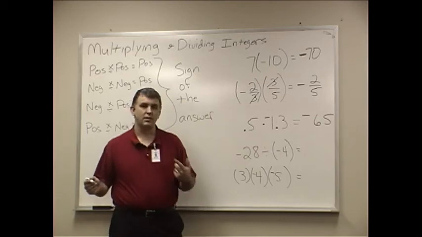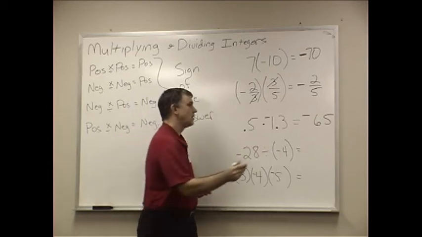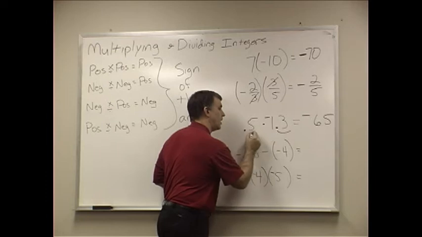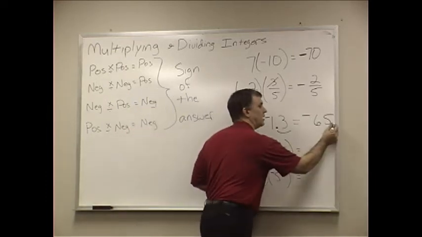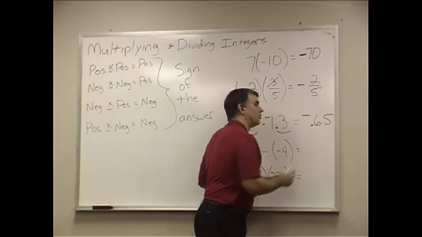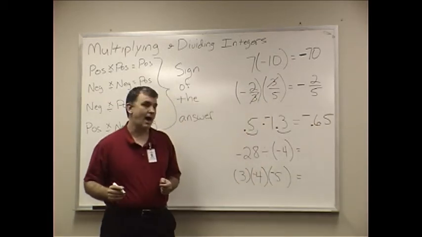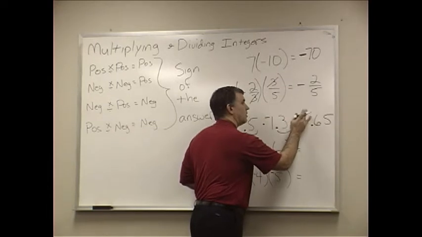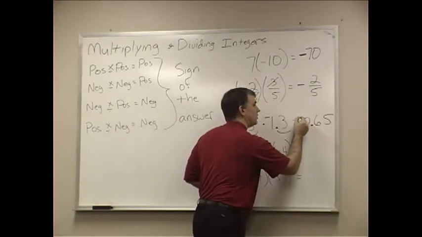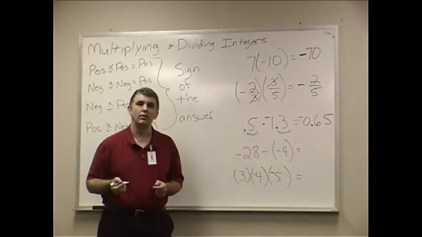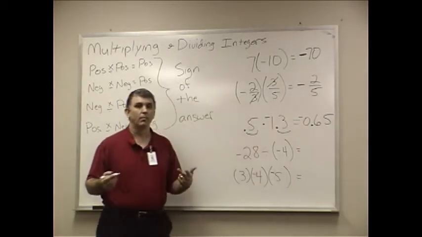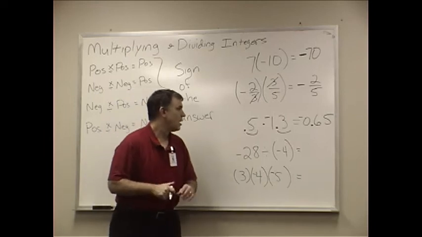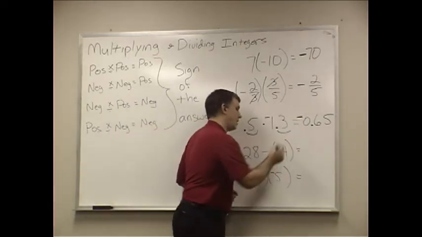And we have to place the decimal point in the correct spot. There are 2 decimal places in the problem, so there needs to be 2 decimal places in my answer. So it'll be negative 0.65. A lot of times you'll see a 0 there in front, so 0.65 or just .65. They're both equally correct. And again, don't forget about that negative sign.